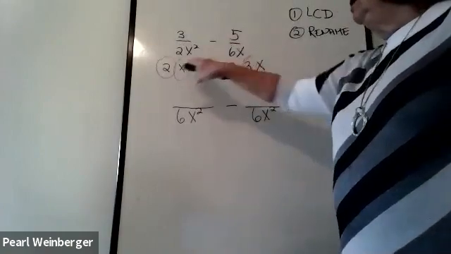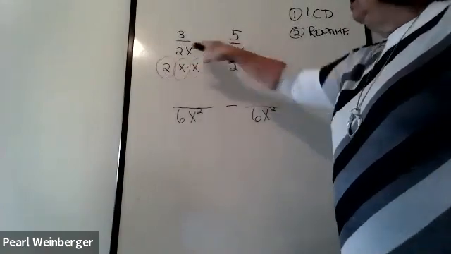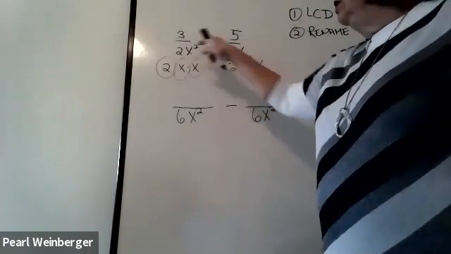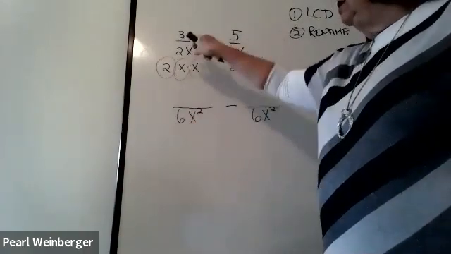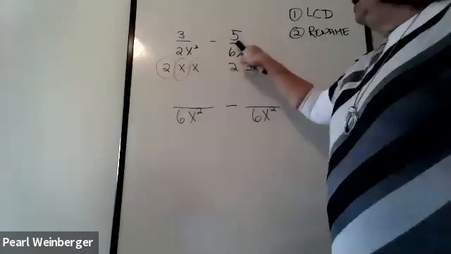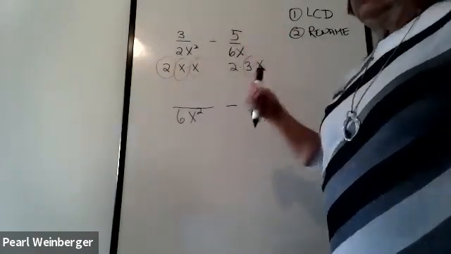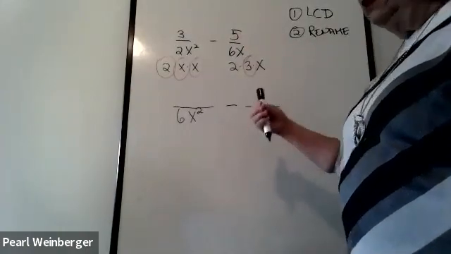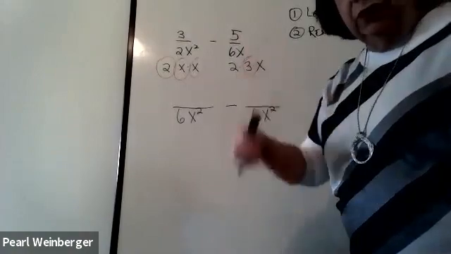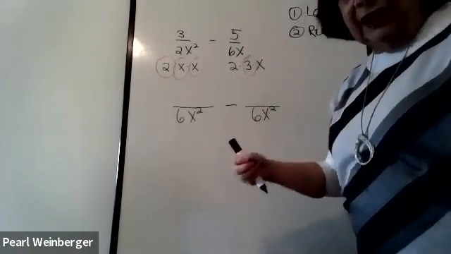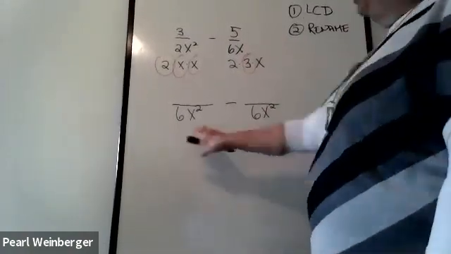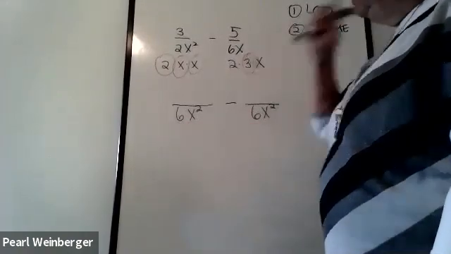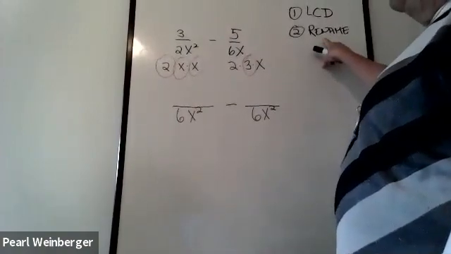So I could have done this not by the factoring method, but by what I call the inspection method, looking at the 2 and the 6 and picking the 6, and the x squared and the x and picking the one with the highest exponent. Again, it's not a factor, it's a common denominator, so we don't look for the lowest exponent, we look for the highest one.